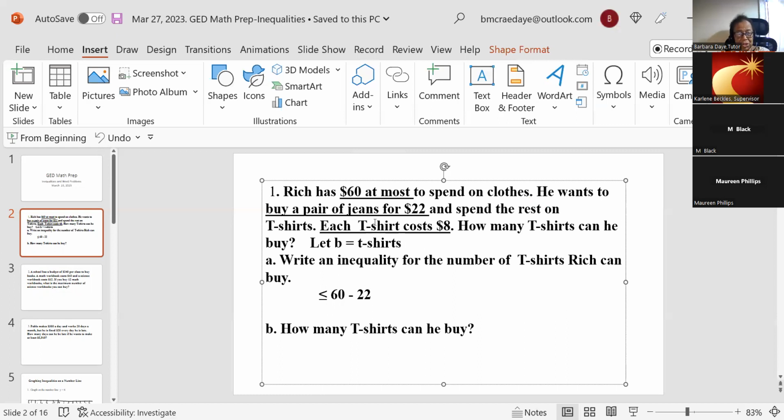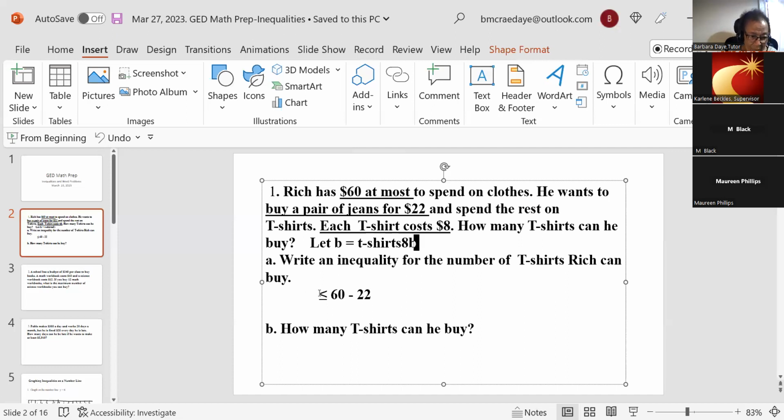So what will go in front of this inequality? No, you're talking t-shirts here now. 8 and the variable B, so it would be 8B, right?